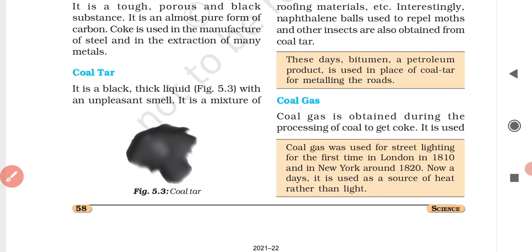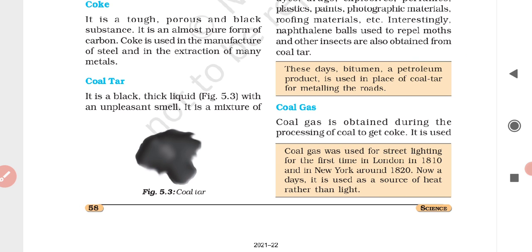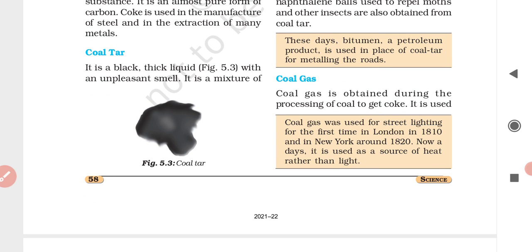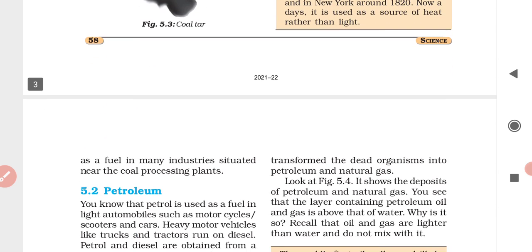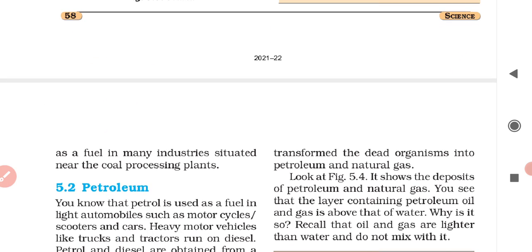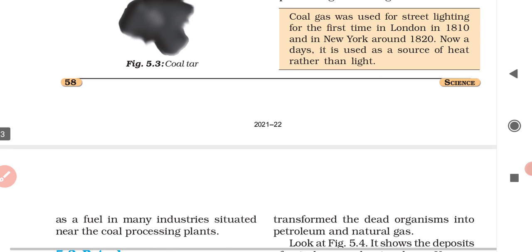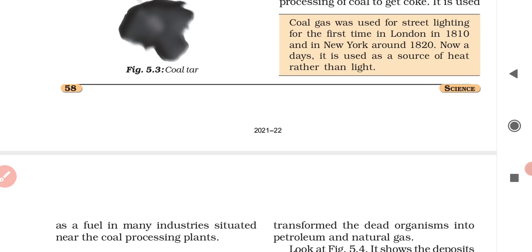Coal gas is obtained during the processing of coal to get coke. When you heat coal in the absence of air, you can get coal gas, coal tar and coke. This coal gas is used as a fuel in many industries situated near the coal processing plants, because it provides us energy.